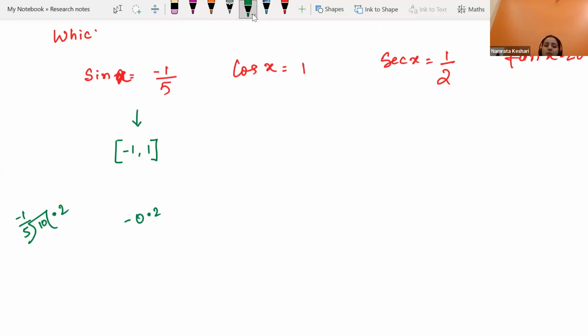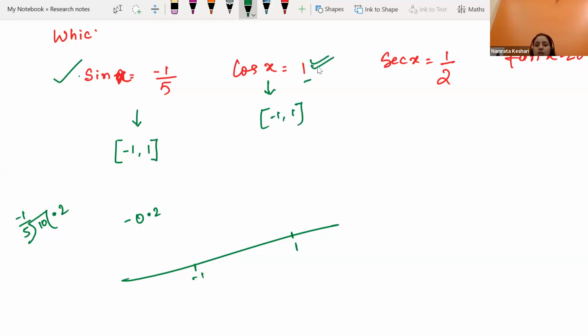Is it lying between minus 1 to 1? Yes, so this is okay. Next one, we know the output for this one also is minus 1 to 1, and here 1 is there and we have a closed interval. So that is fine.